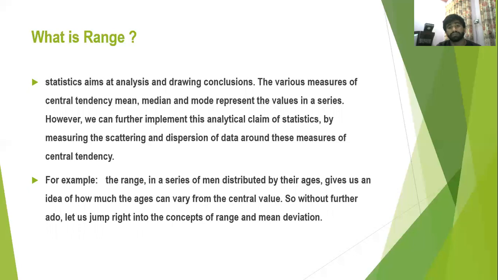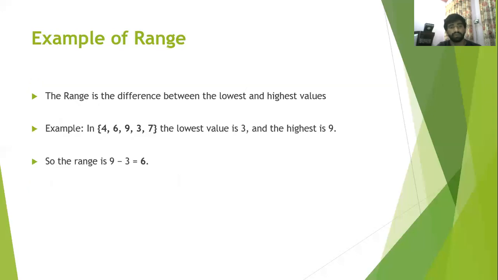We can also write values, and find from the lowest value to the highest value how much the range is. It means between two things or more than two things, we get a result, we call it range. I have given here an example of range. The range is the difference between the lowest and the highest value.